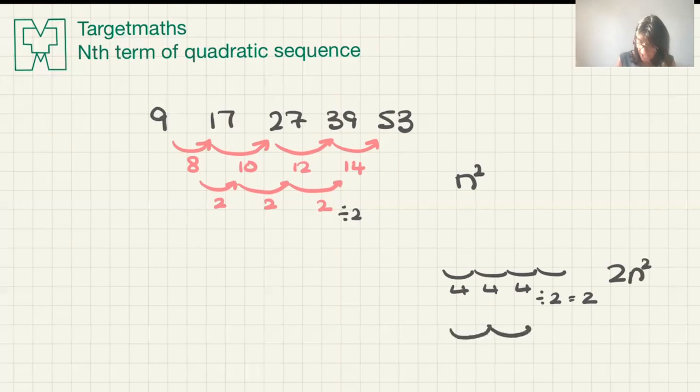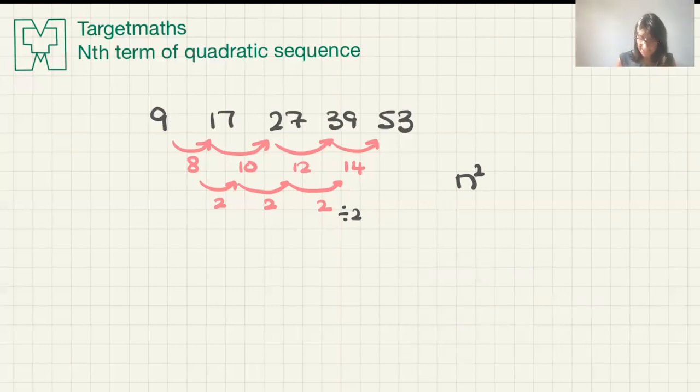If it was going up 10 every time, I must remember to divide by 2 to get 5 and put that with my n squared. So you can see that that divide by 2 step is really important if the number is greater than 2. But when it is 2, as it is in this example, it doesn't really have much of an impact here because that will just stay as n squared.